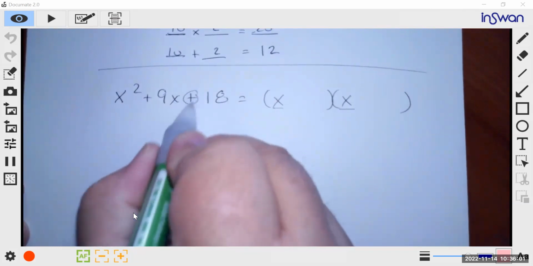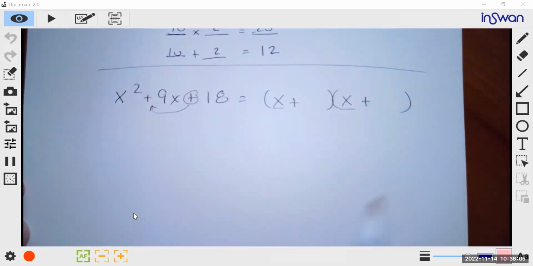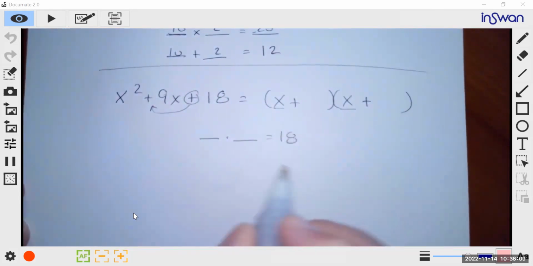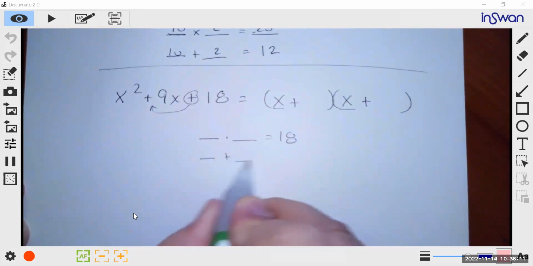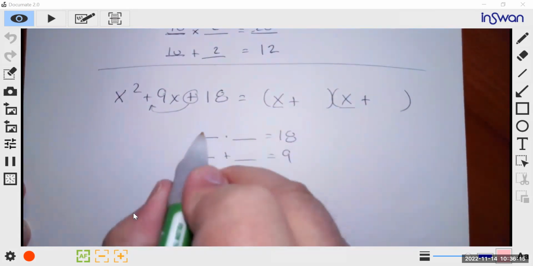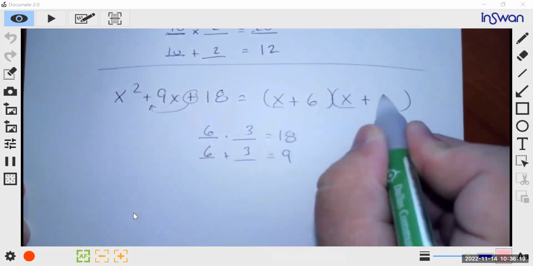Both signs are the same. They're both positive. So what times what equals 18, when I add them, I get 9? Very good.